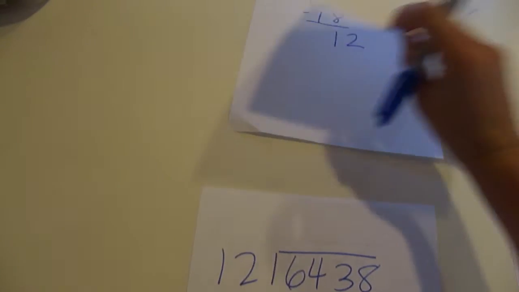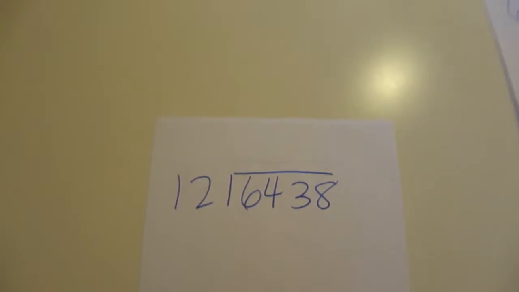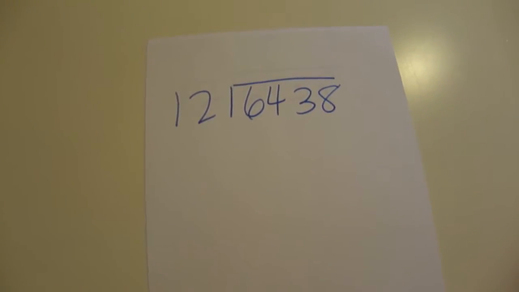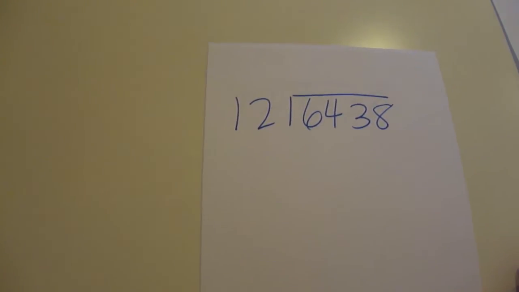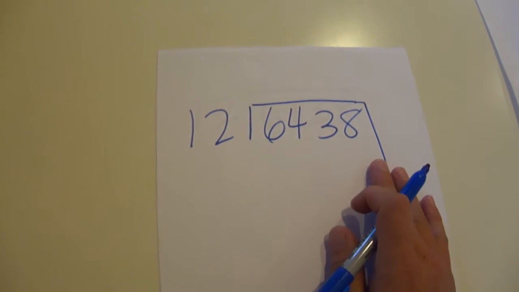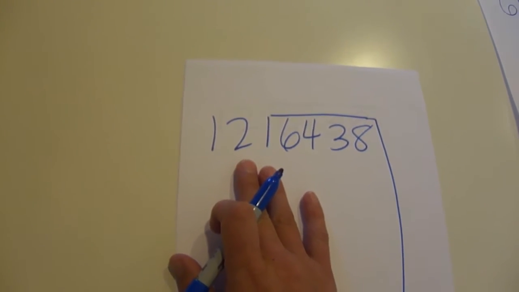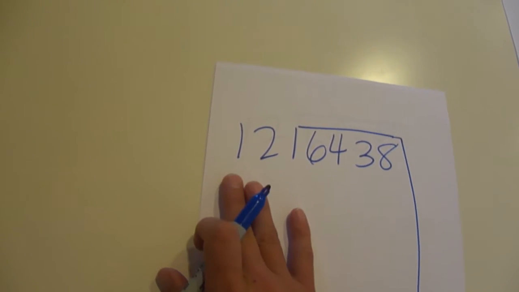So as your numbers get a little bit bigger, you could do a problem like this. 12 goes into 6,438. And again, for a kid who might have a little bit of place value understanding, they might say, let's see, that would be 12, double that would be 24.